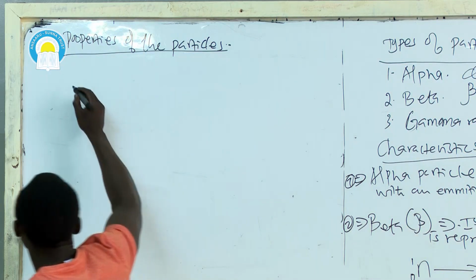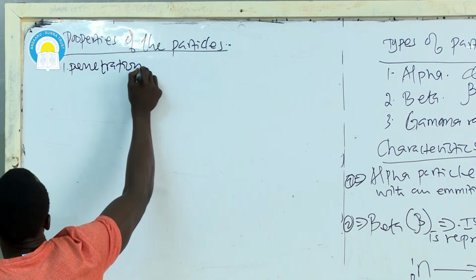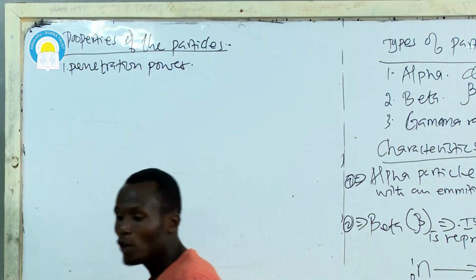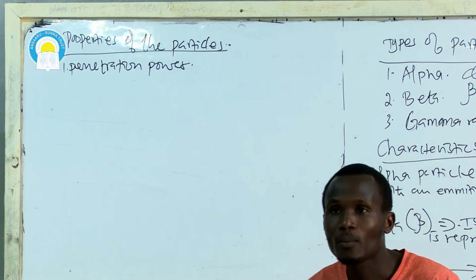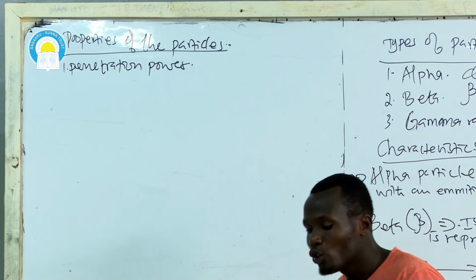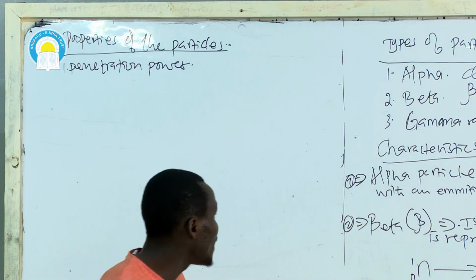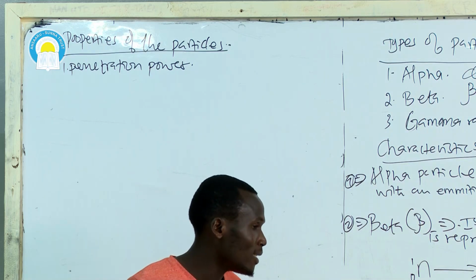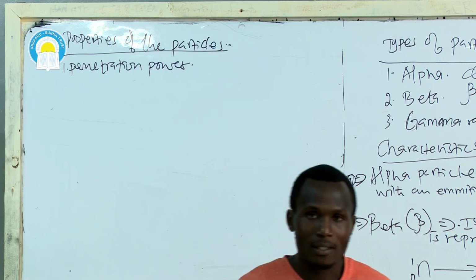So the first one is penetration power. When we talk of the penetration power, we are trying to check how far can the alpha particle, beta particle, or the gamma rays penetrate certain objects?